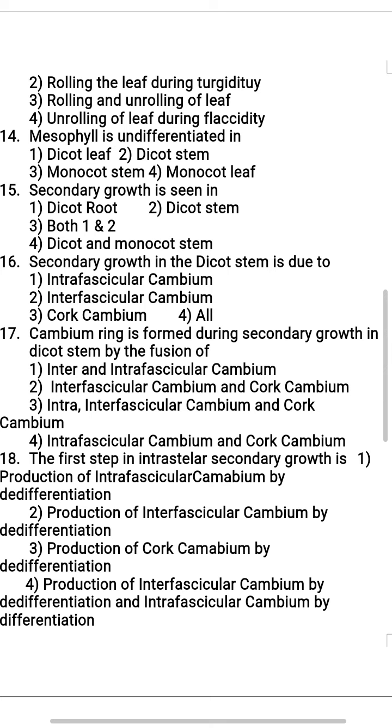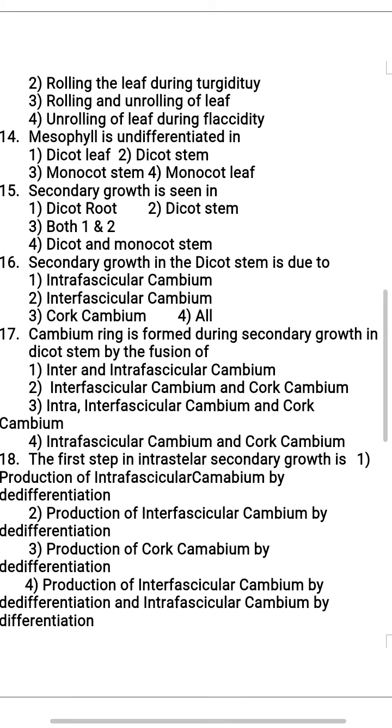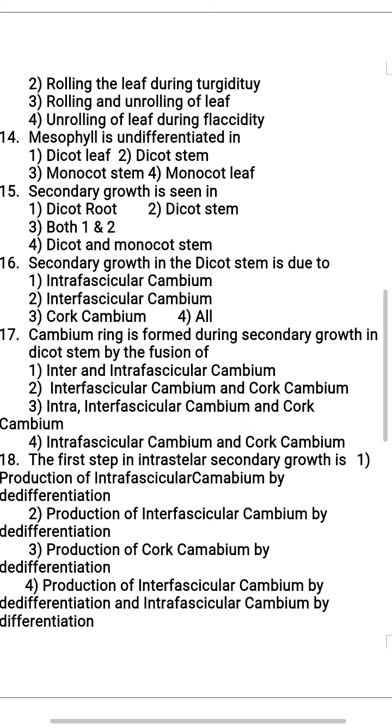The tissues involved in secondary growth are two in number: lateral meristems. What are those two lateral meristems? Vascular cambium and cork cambium. Understand? A very important point to be noticed here: lateral meristems exhibit secondary growth. They are as follows: vascular cambium and cork cambium.